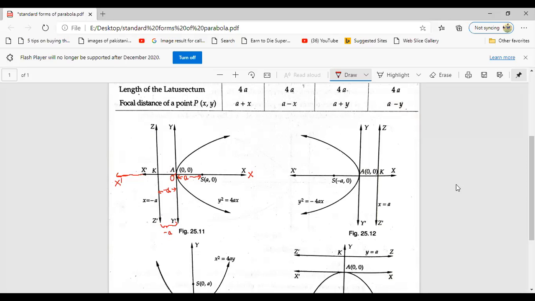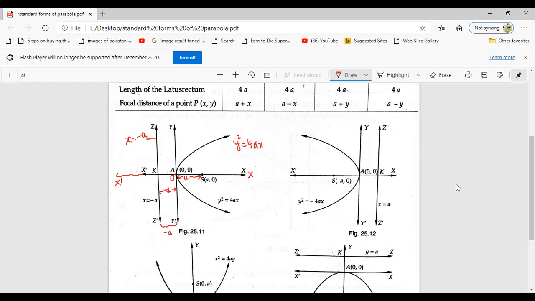The equation of the y-axis is x equal to 0, so the equation of this line will be x equal to minus a, which we have seen in the equations of lines parallel to the y-axis and x-axis. And the equation of this parabola is y square is equal to 4ax.